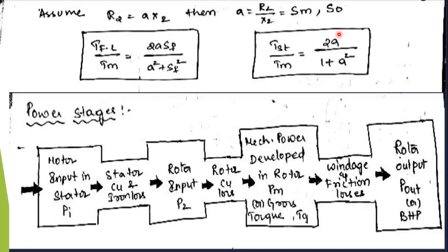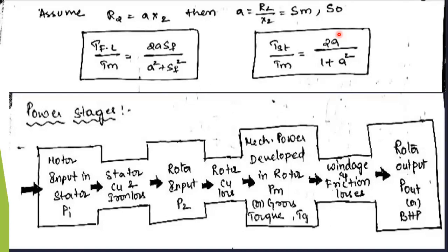We know the three different types of losses, and I am explaining briefly without a slide. First is copper loss, second is iron loss, which is also called core loss or magnetic loss, and third is mechanical losses.